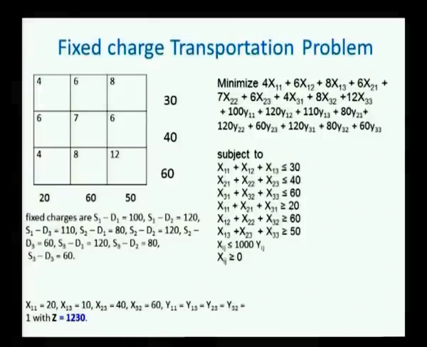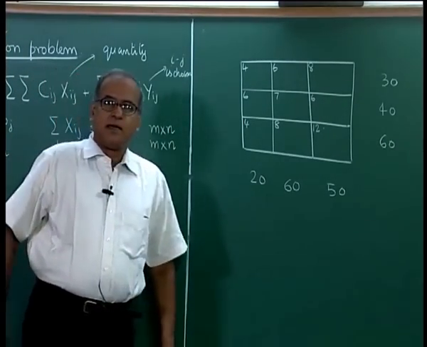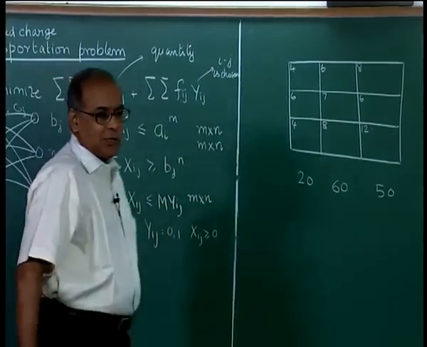We look at the same problem that we saw in the previous lecture to explain the transportation, except we also add a fixed charge to it. So the fixed charge is now shown here.